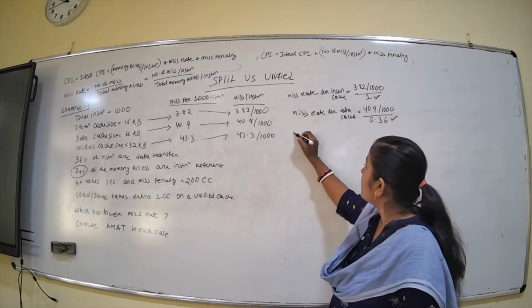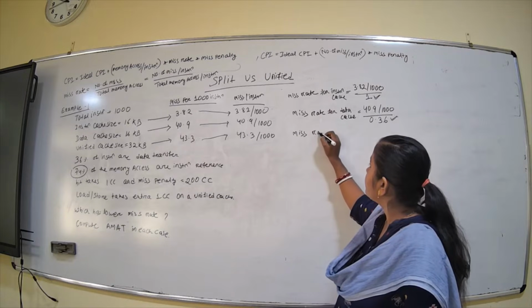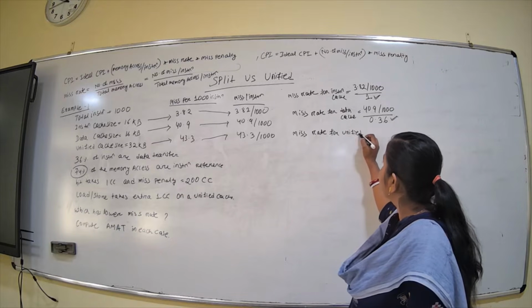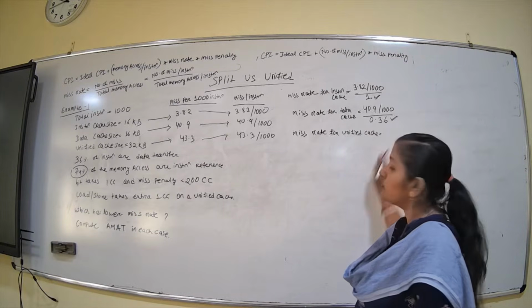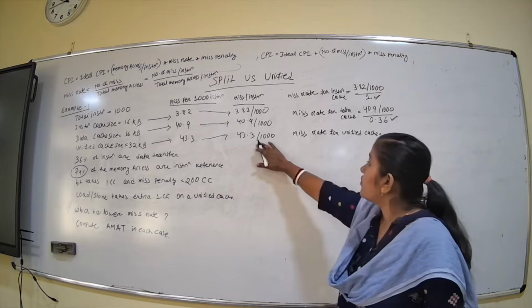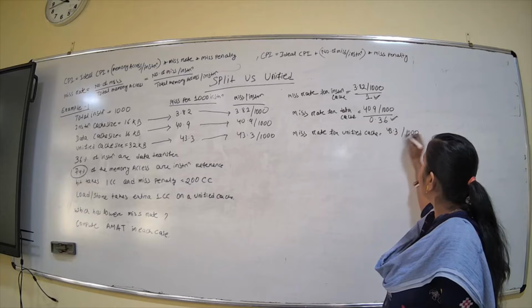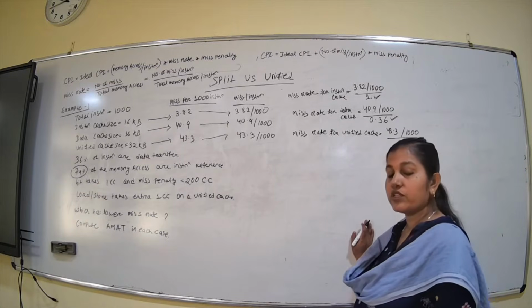Now the miss rate for the unified cache is equal to misses per instruction, 43.3 by 1000, divided by total memory accesses.